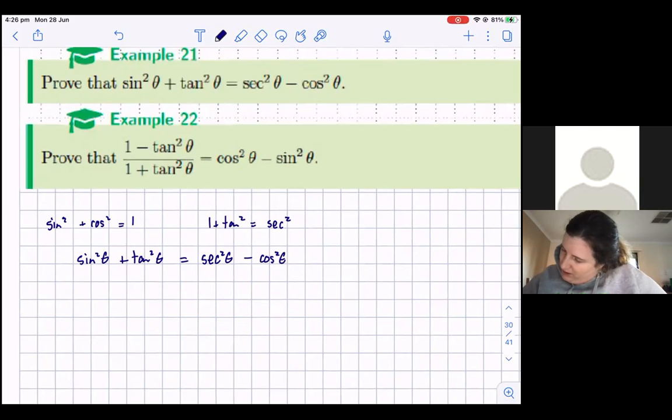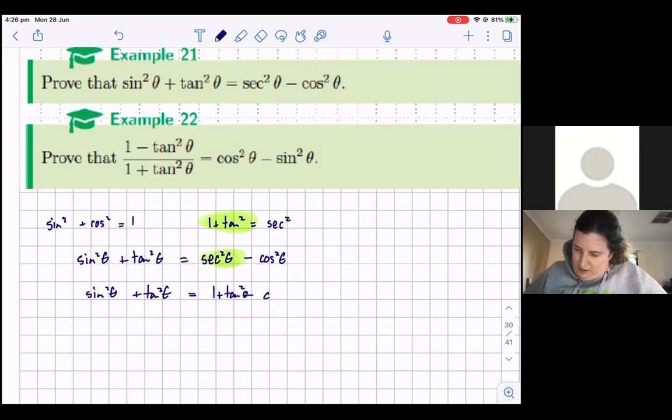And what I'm going to do is I see sec squared. I'm going to straight away replace it with 1 plus tan squared. And now you'll see that 1 take cos squared is actually sine squared.